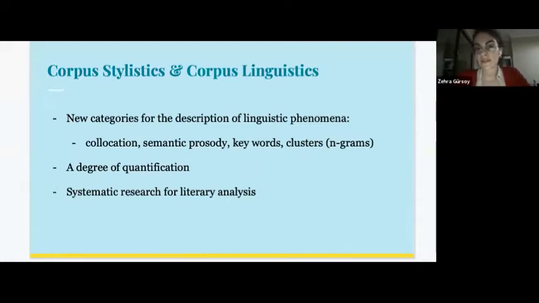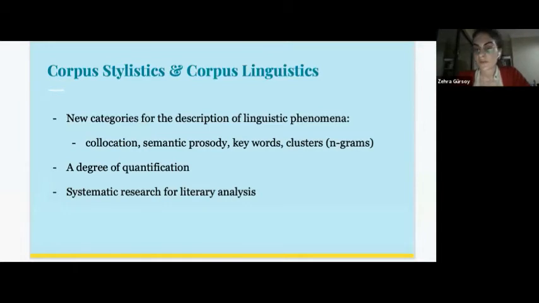Corpus linguistics and corpus stylistics. So in order to highlight some features of both corpus stylistics and corpus linguistics, in addition to providing quantitative data for linguistic categories, corpus linguistic research has also added new categories for the description of linguistic phenomena such as collocation, semantic prosody, keywords, or clusters, also called n-grams.